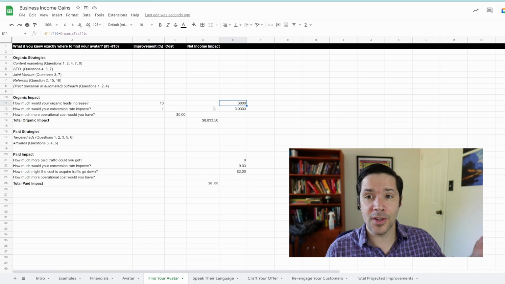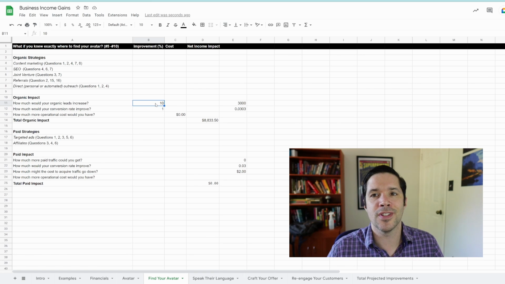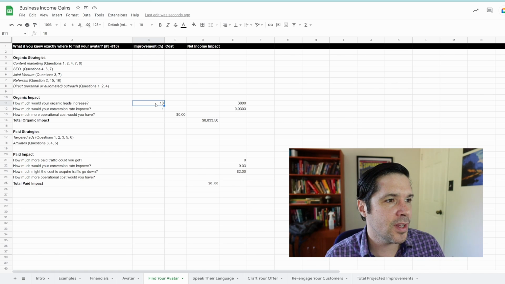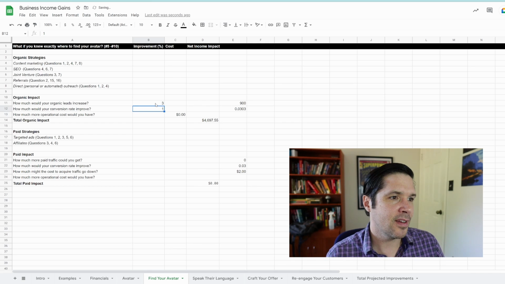Great if you think you can do that. But that's why I generally, especially if you're just doing a gut check, like what could I do? What would happen if I just made a 1% improvement, or X% improvement, I would stick to 1 to 3 and be very moderate in how you estimate things, right?